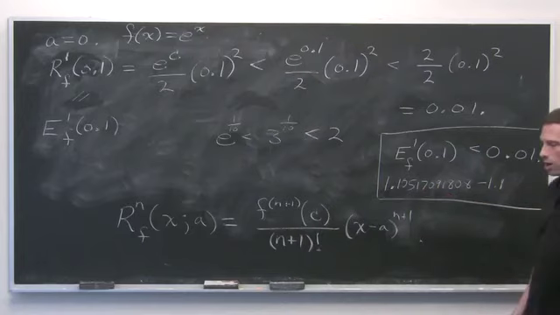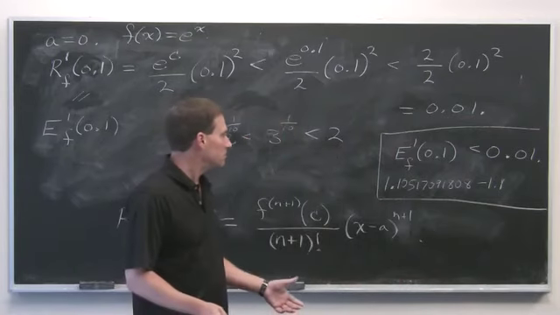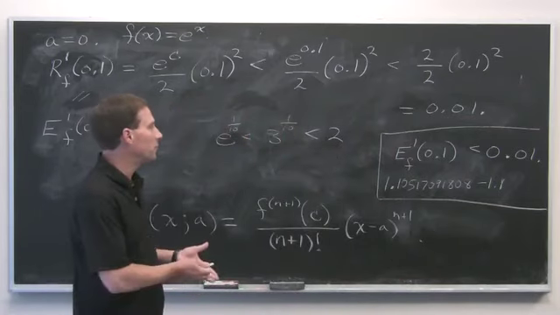So our upper bound is almost twice the actual error. But so what? I mean, we did it by hand.